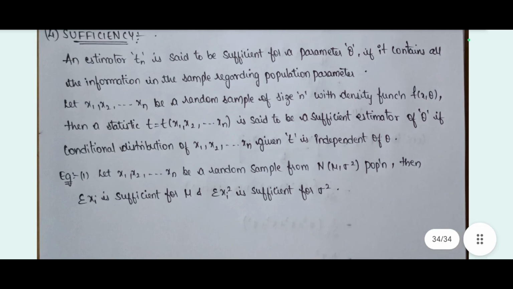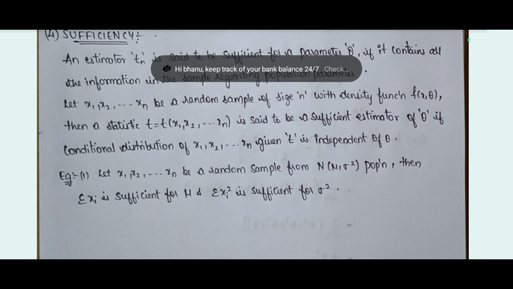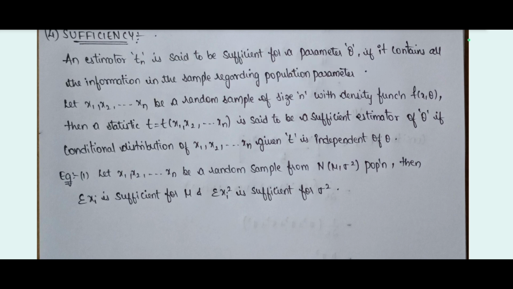Let x1, x2, x3 and so on up to xn be a random sample of size n with the density function f of x comma theta. Then a statistic t of all observations is said to be the sufficient estimator of theta if its conditional distribution is independent of theta.